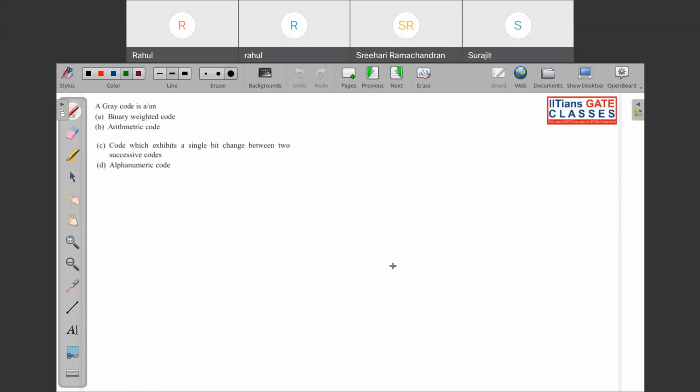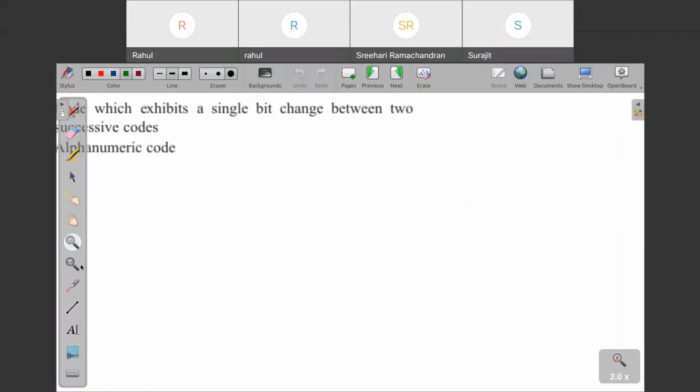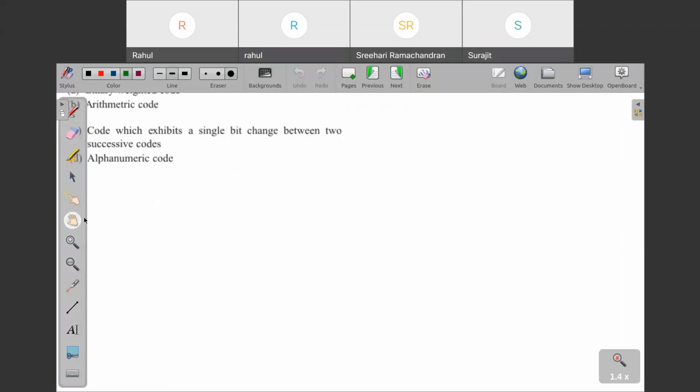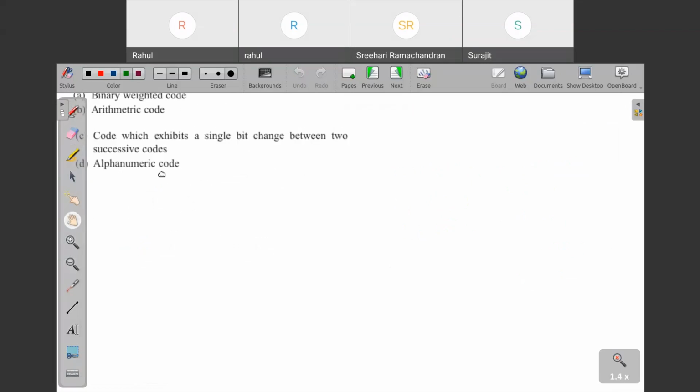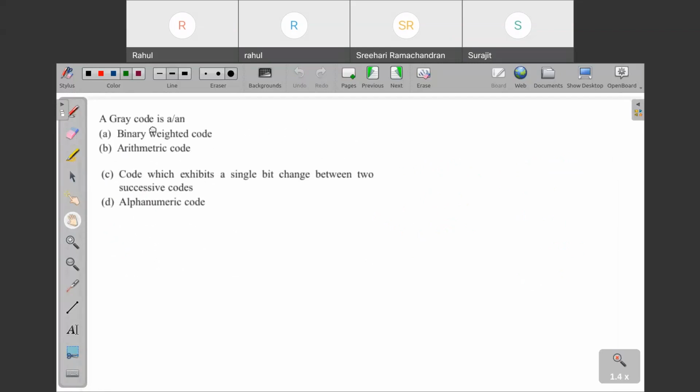Okay, so what about this one? Single bit change between two successive codes. A gray code is a binary weighted code, an arithmetic code, which exhibits a single bit change between two successive codes.